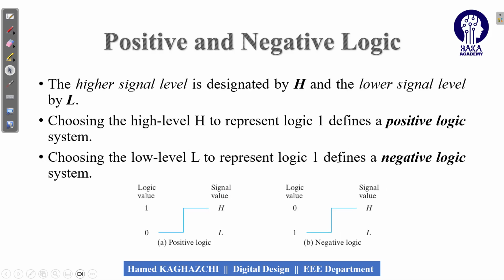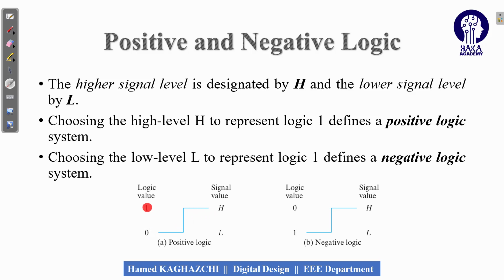So up to now, we talked about the positive logic. What was the positive logic? The positive logic is this. If we have low level, we consider this low level as 0. If we have high level, we consider high level as 1.